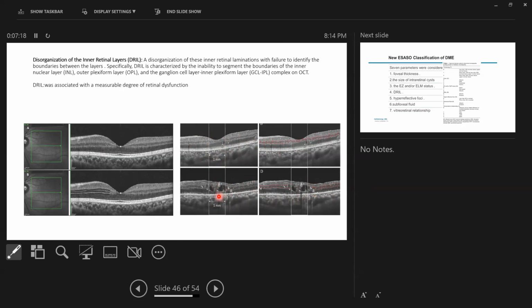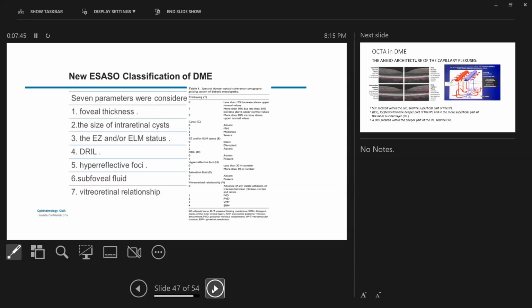There is an inability to differentiate between the inner layers of the retina. So please pay attention to the DRIL, especially when you decide to treat the patient with anti-VEGF, because those patients are not expected to get very good visual improvement because of the DRIL.